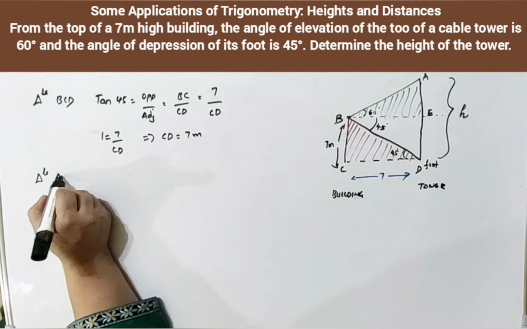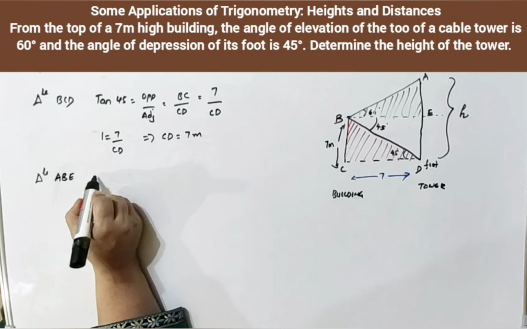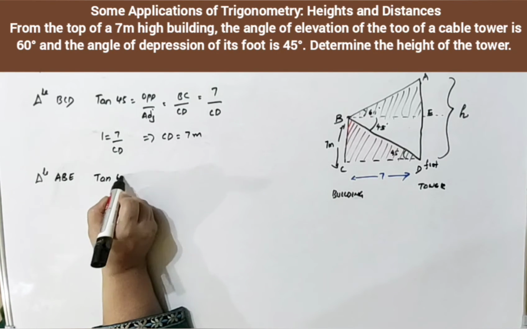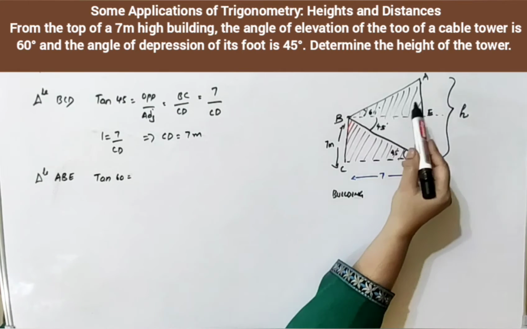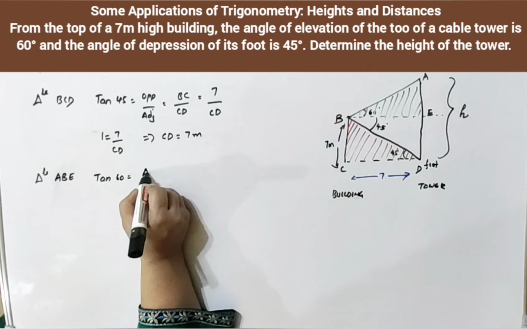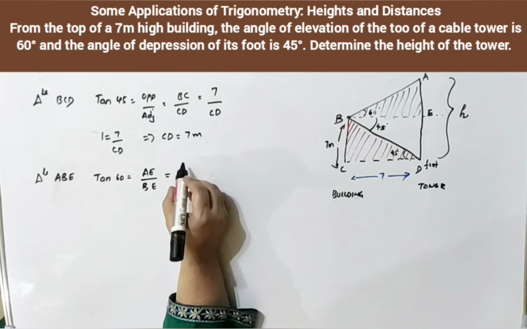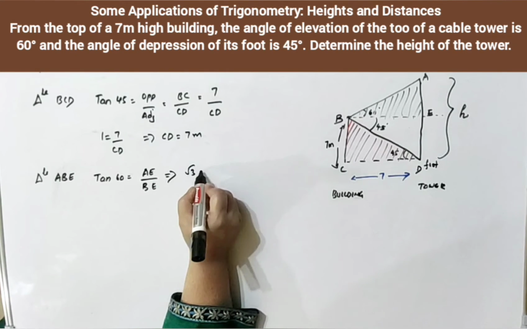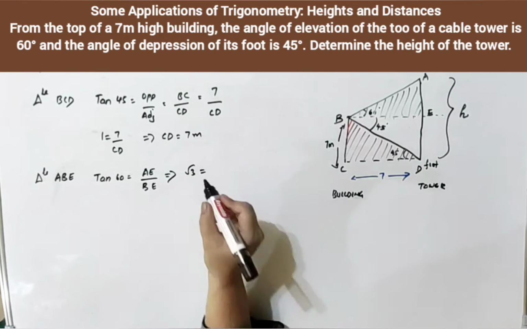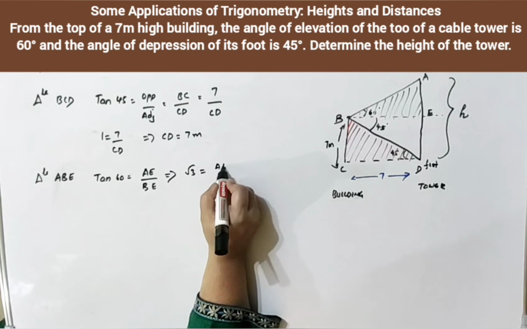Let's take the second triangle, which is triangle ABE, and we have 60 degrees. So tan 60 is equal to opposite by adjacent. Opposite of 60 is AE, and adjacent is BE. Tan 60 is root 3, equal to AE by BE. We don't know AE, so we'll leave it as AE.